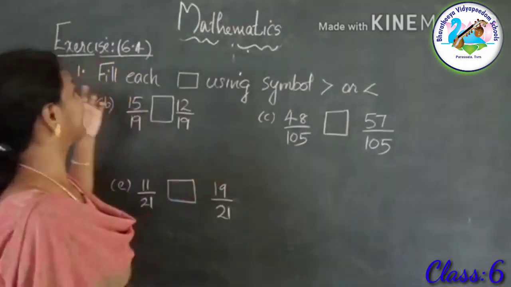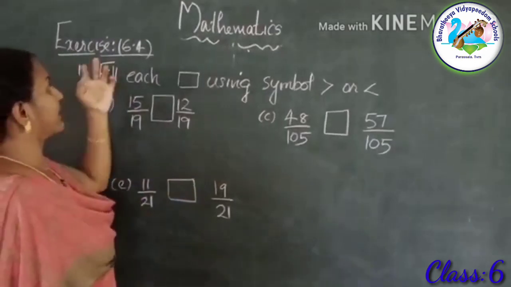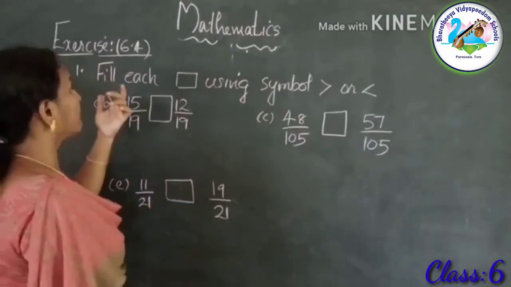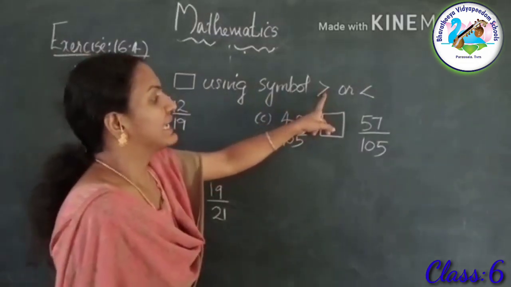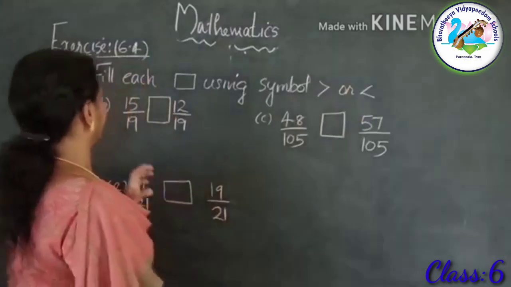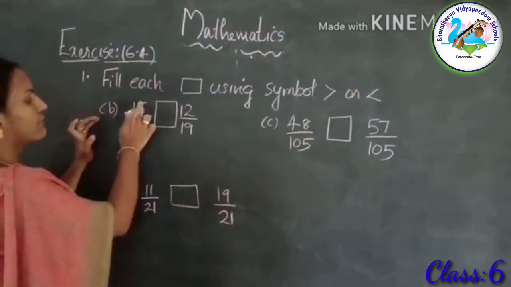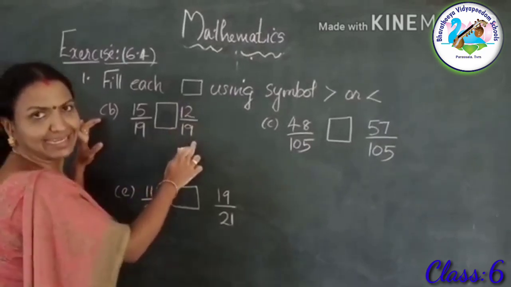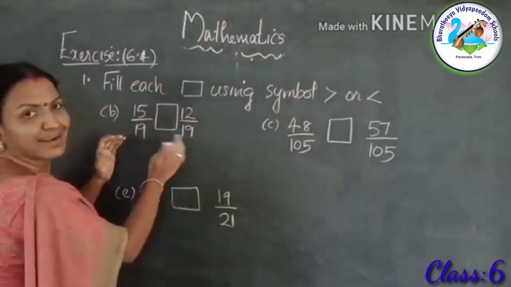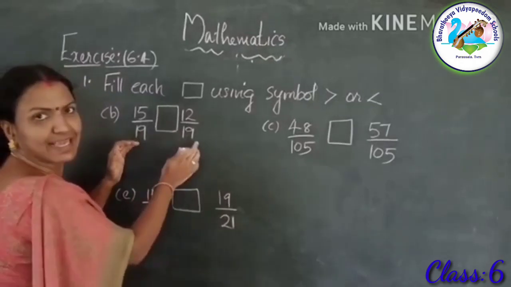Next we shall discuss the exercise problems. First problem from exercise 6.4. Fill each box using the symbol greater than or less than. Option B, 15 by 90 and 12 by 90. These are like fractions.